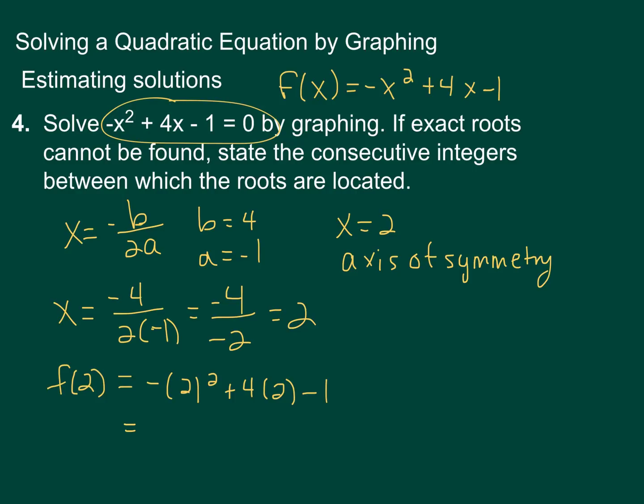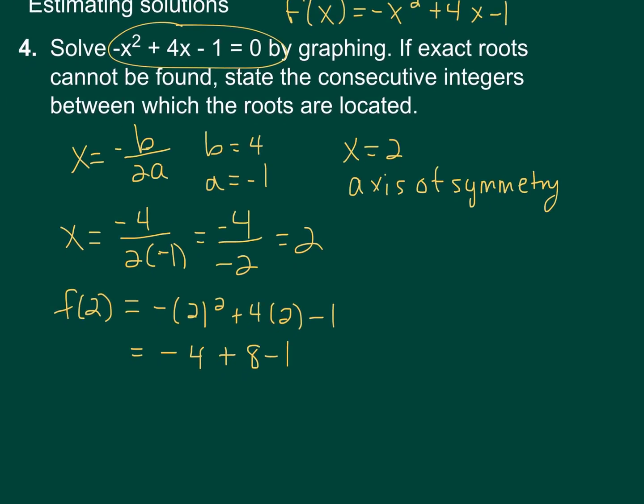So be careful here because it's negative of 2 squared, so it's a negative of whatever 2 squared is, which we know is 4, so it's negative 4, not positive 4, plus 8 minus 1. And then, so that's 4 minus 1 is 3. So f of 2 is equal to 3. So again, write down your vertex is 2, 3, and our axis of symmetry is x equal to 2.